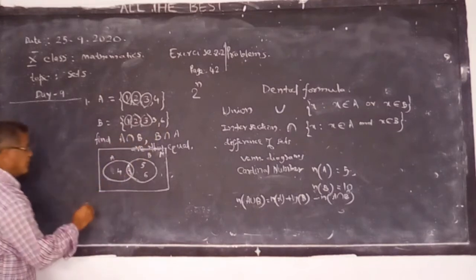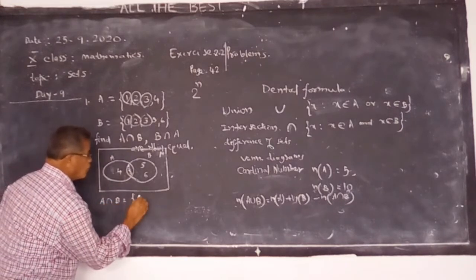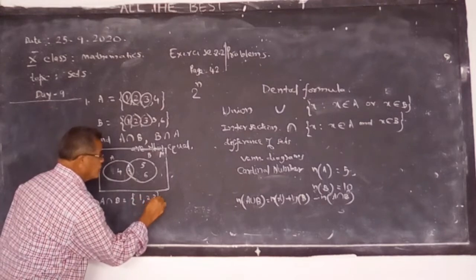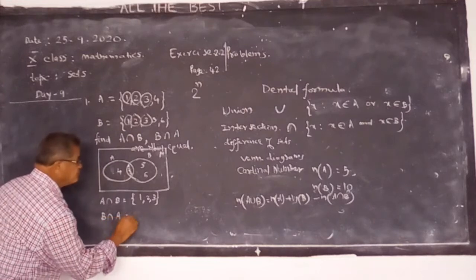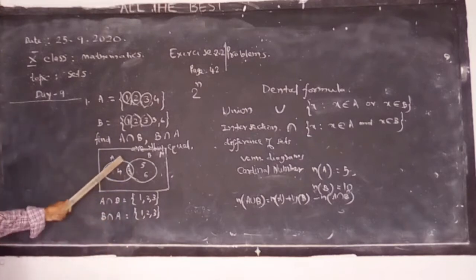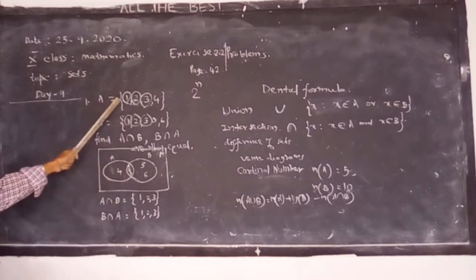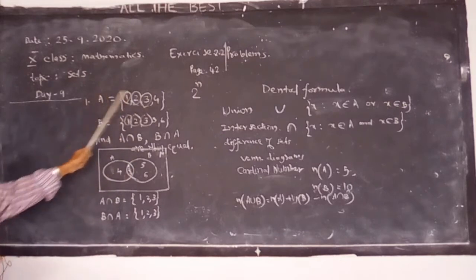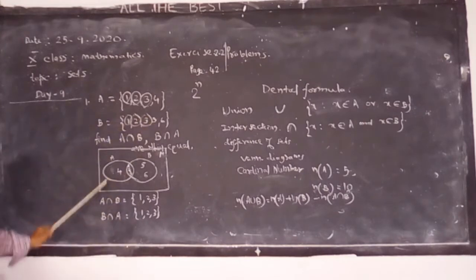Now you can easily write it. A intersection B is equal to 1, 2, 3. And B intersection A is also the same, 1, 2, 3, because these elements are in both sets. So in intersection, both are equal.